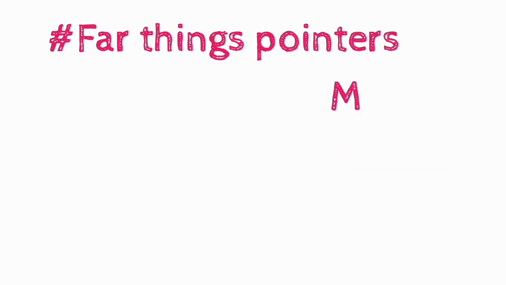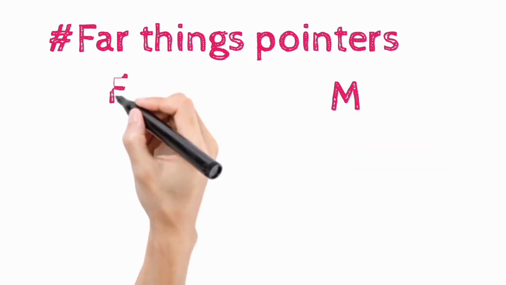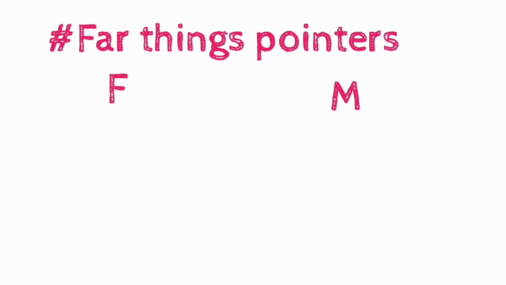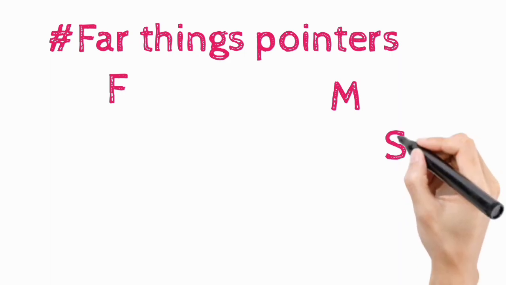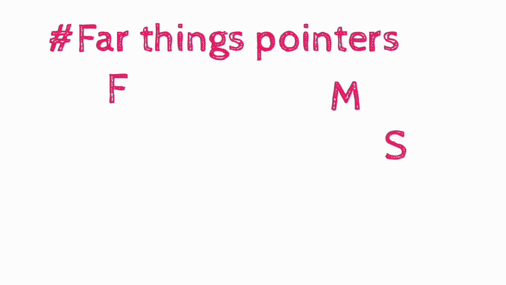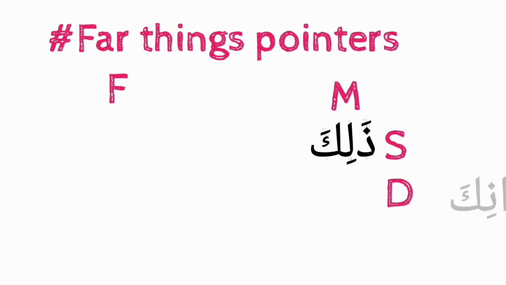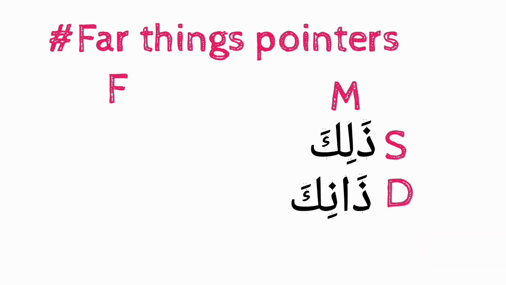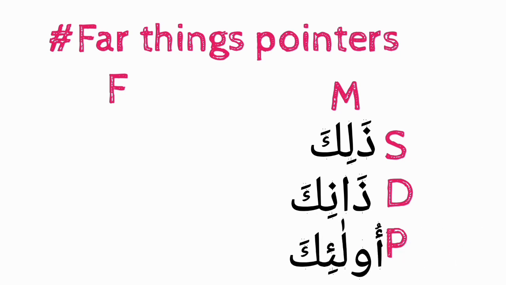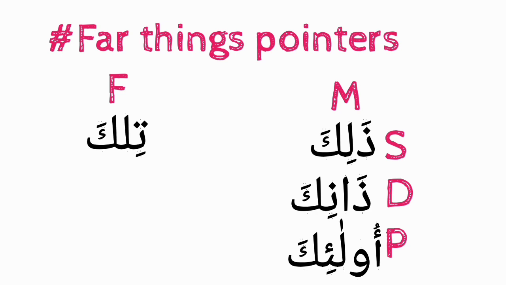Now for the far things pointers, it also has its own masculine and its own feminine aspect. For the masculine aspect, its singular is zalika, which means that, and the dual aspect is zanika, which means those two, and the plural aspect is ulaika, which means those, a number above two.